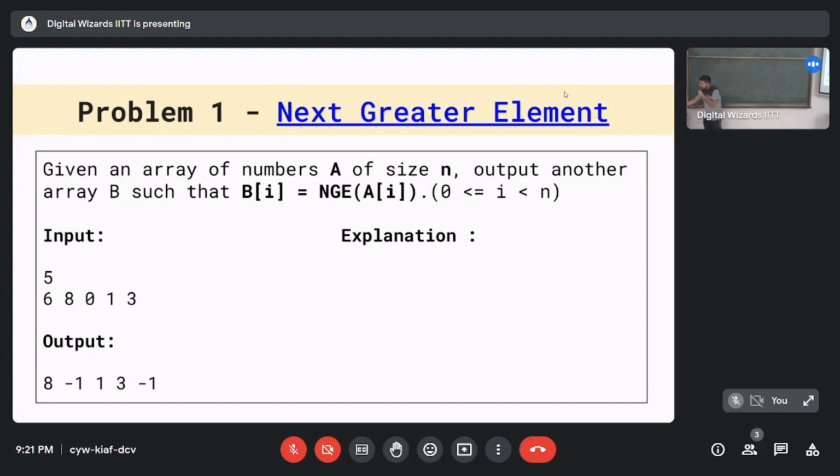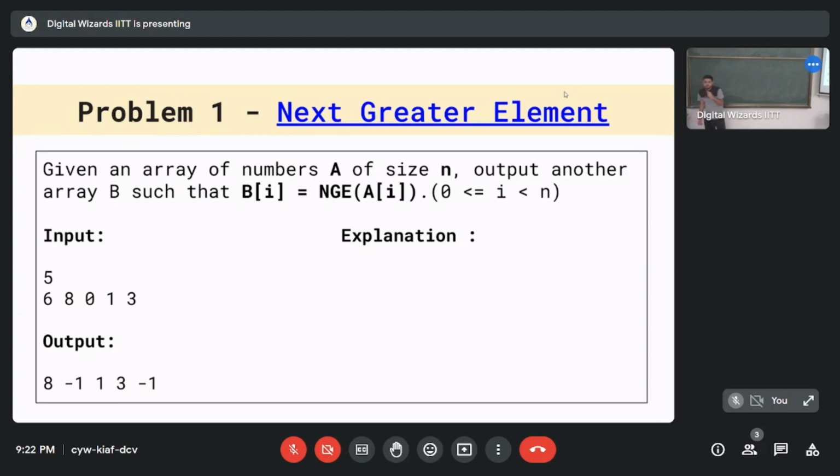And similarly, if you think about 8, you can no longer find any element on the right side which would be greater than 8, so we output -1. For 0, the next greater is just 1. For 1, the next greater is 3. For 3, there is no element present, so we output -1. I hope you have read the problem statement.